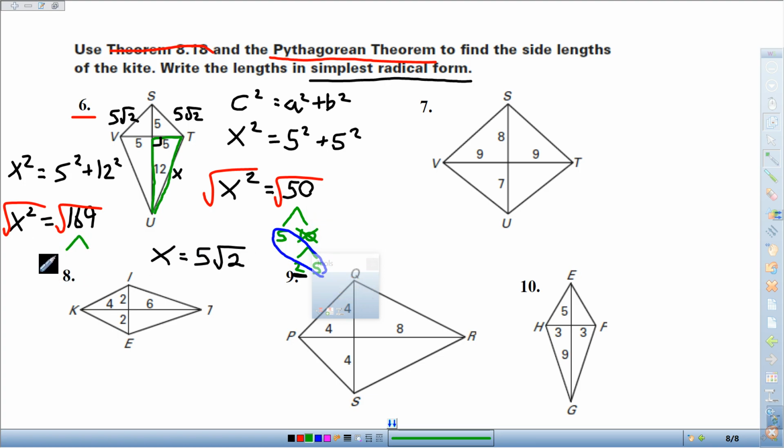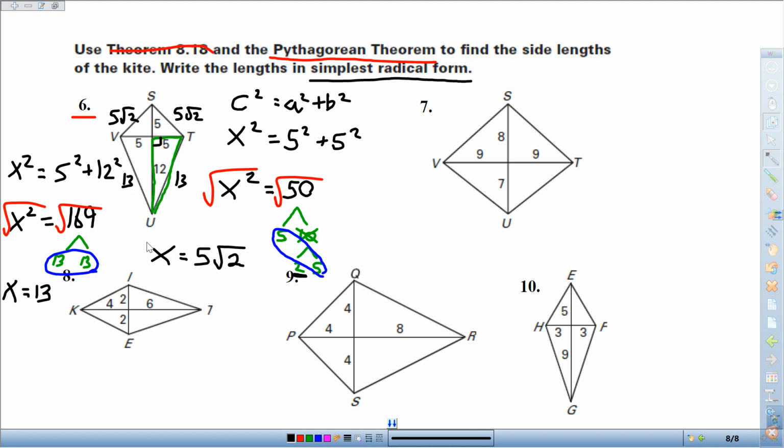So here's what we know. 13 times 13 gets me 169. These are also prime numbers. They cannot be broken down any farther. So here's my pair of numbers that get to come out of the radical and give me my answer. So x is going to equal 13. So there's my other two sides. This one's 13, and then this one's also going to be 13.